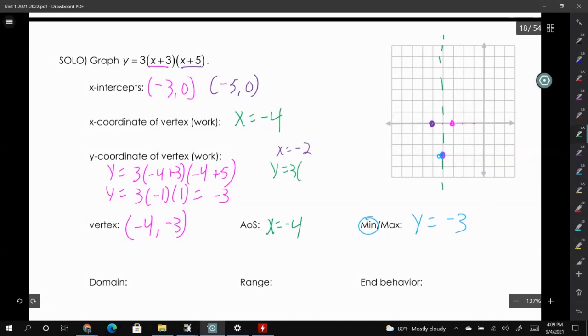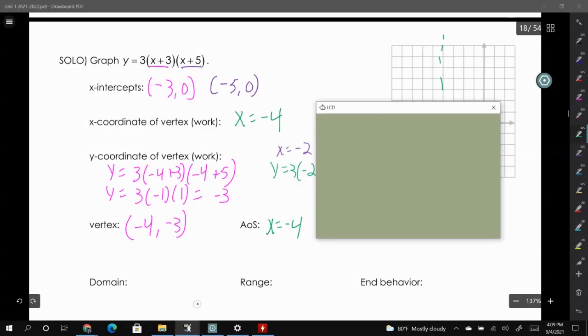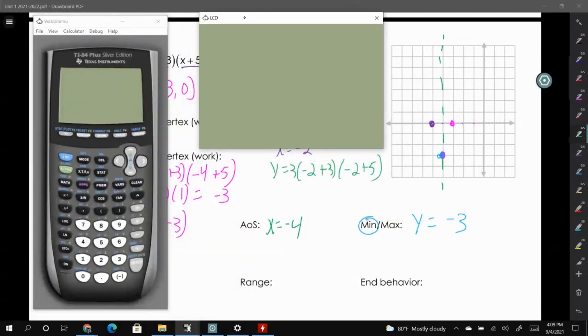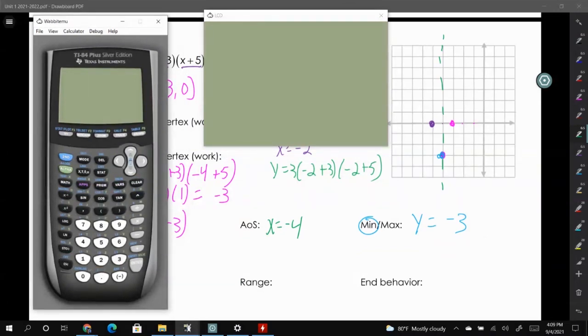So y equals 3 times negative 2 plus 3 times negative 2 plus 5. I'll throw this one into the calculator so you can see how that is done. So 3 parentheses, negative 2 plus 3, and negative 2 plus 5. And we get 9.